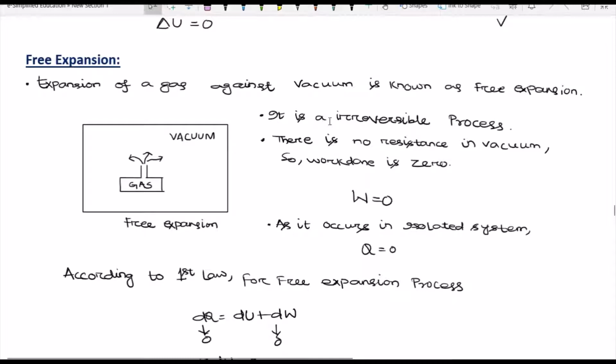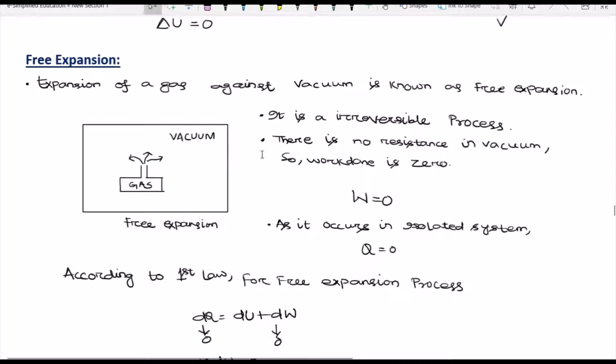It is an irreversible process. We cannot regain the forward process. Once the gas is leaked into the vacuum, we cannot get the gas back into the chamber again.